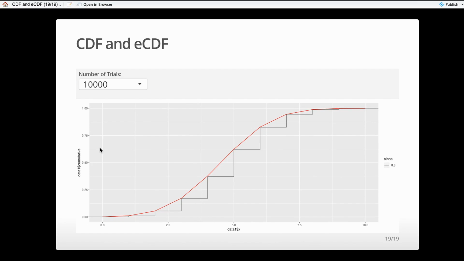But if you have a high number of trials, again, it gets almost to be matching exactly the theoretical cumulative distribution function.